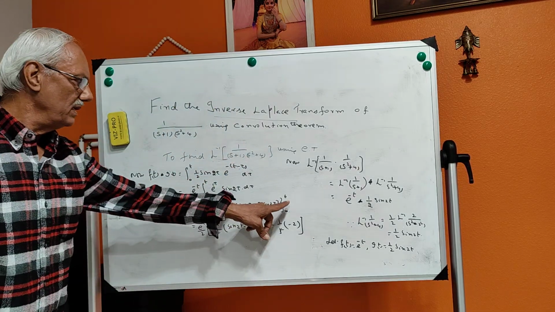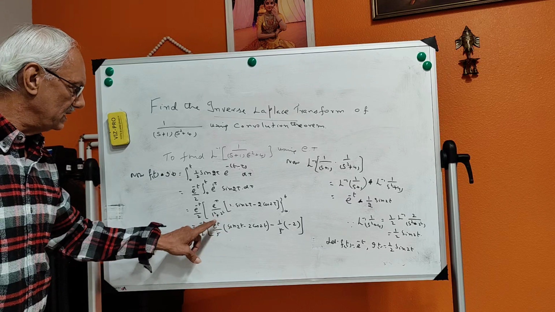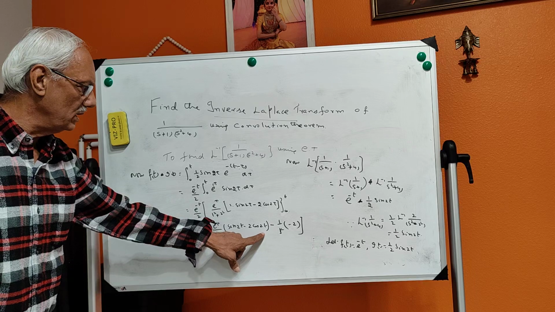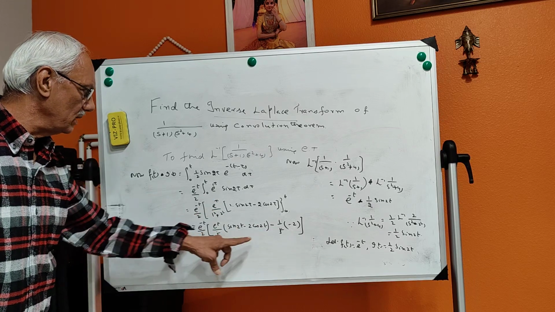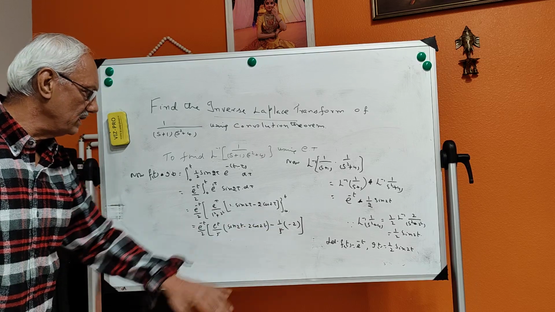So applying the upper limit t, you get e to the power of t divided by 5 into (sine 2t minus 2 cos 2t), minus 1 by 5 into minus 2.